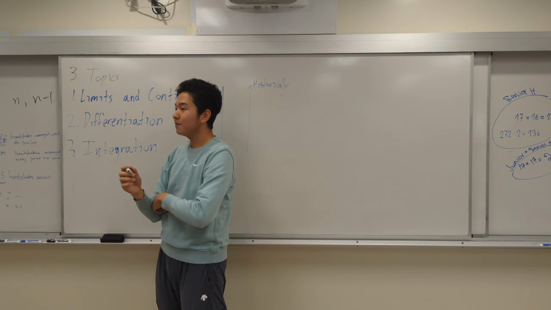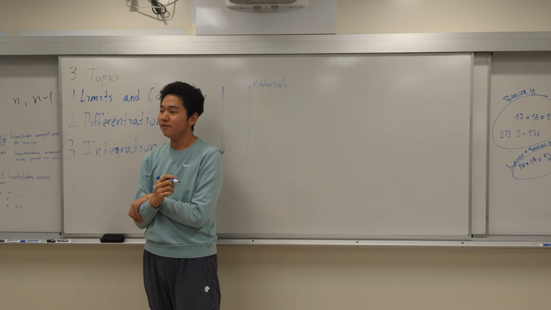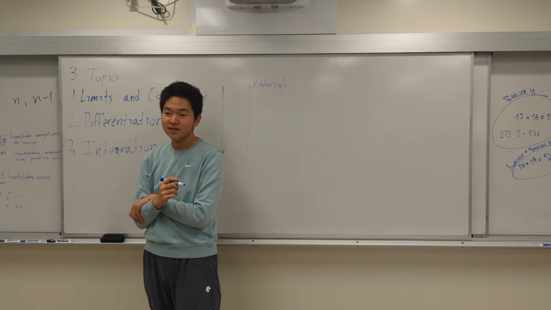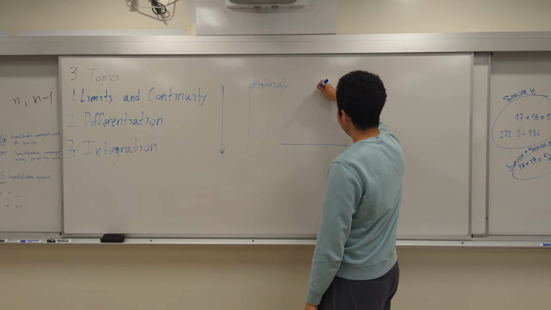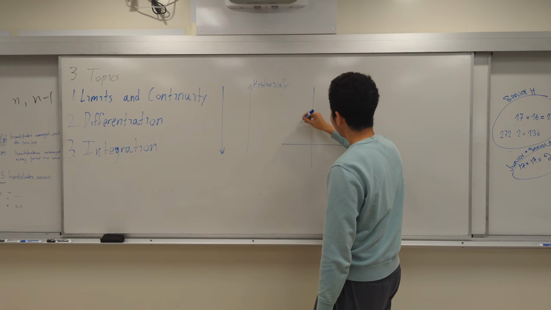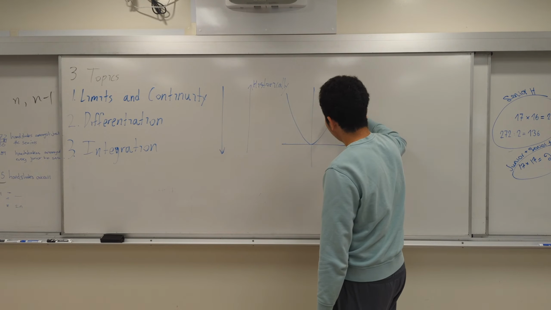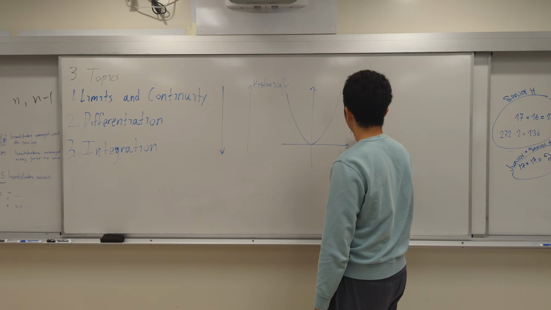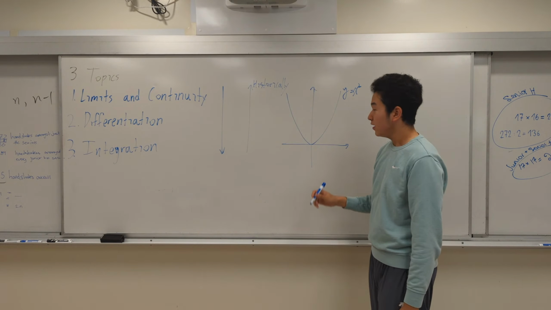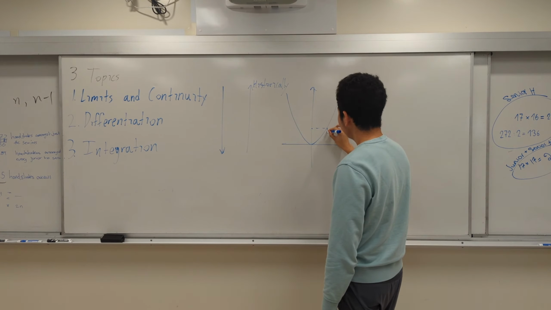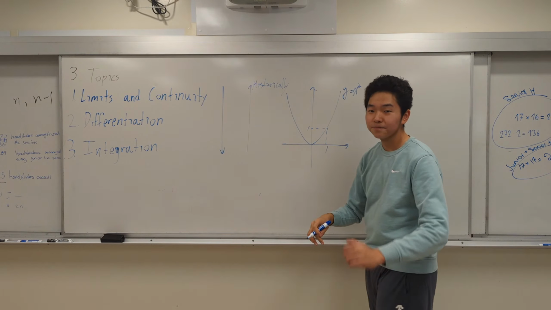integration is about finding the area of weird shapes. We're all familiar with the function y equals x squared, right? And what does this pass through? It passes through (1, 1), right?